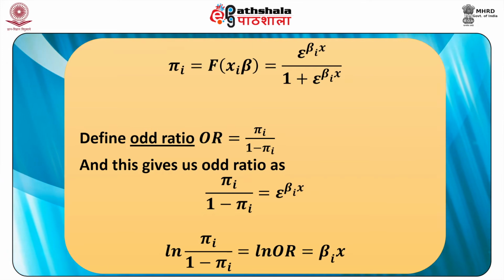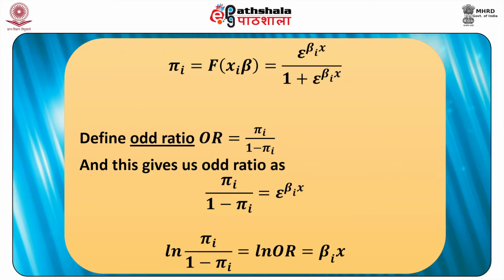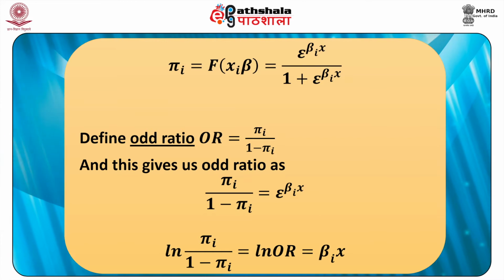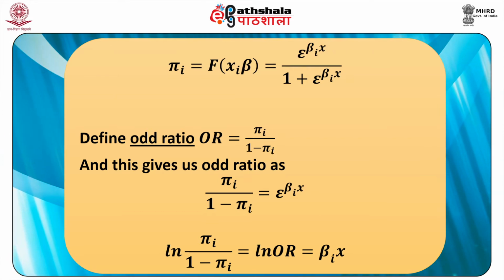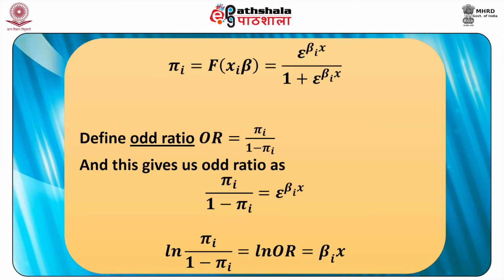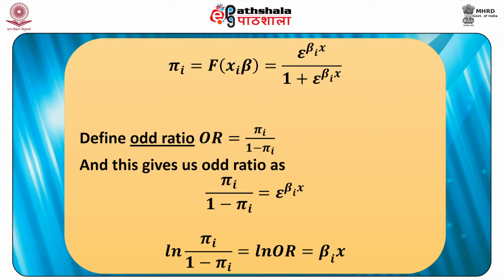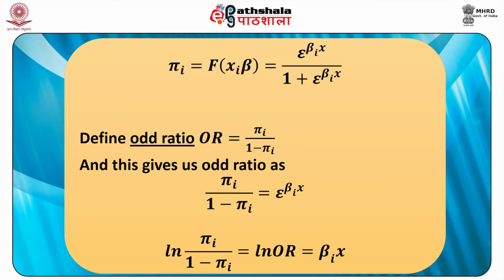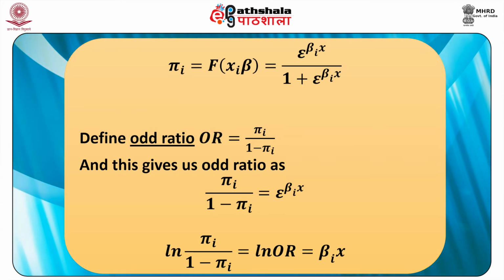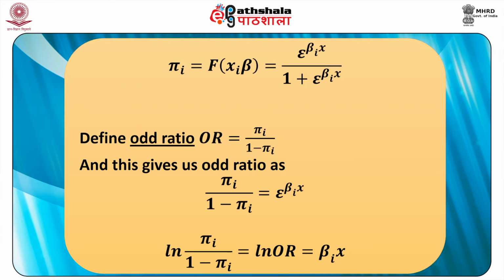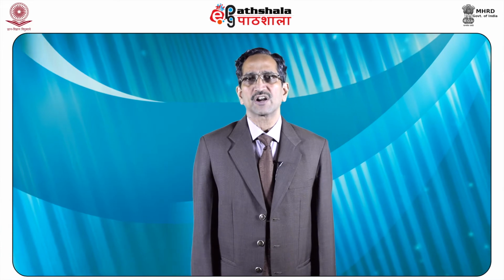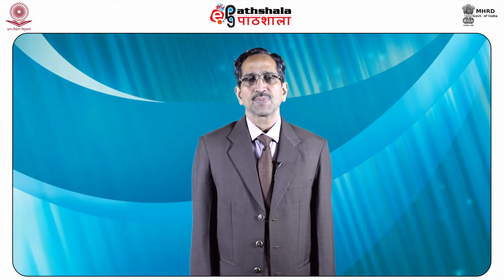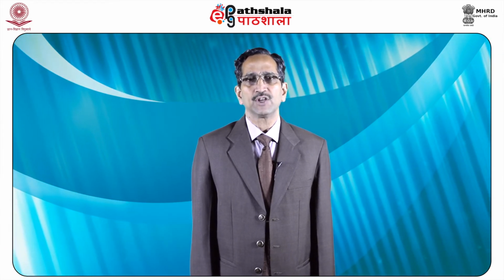And this gives us the odds ratio, phi_i upon 1 minus phi_i, equal to e raised to the power beta x_i. If you take the log of this, then ln of phi_i upon 1 minus phi_i comes out to be ln OR, which is the odds ratio, and this comes out to be equal to beta x_i. From above we can deduce that the change in log odds ratio is beta_j when x_j changes by 1 unit in case of the Logit model.